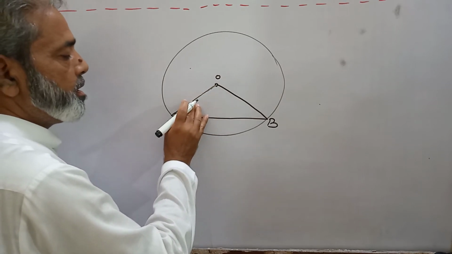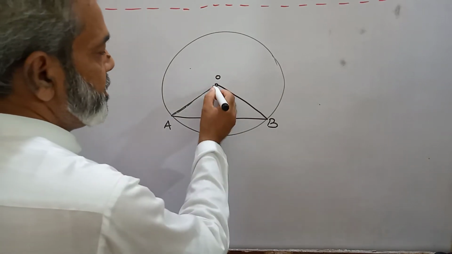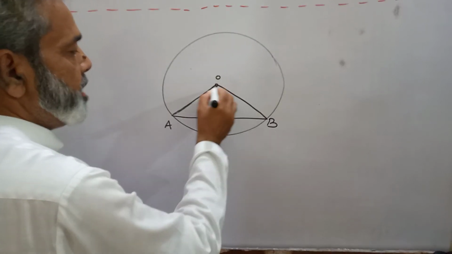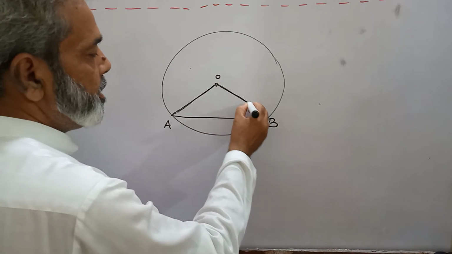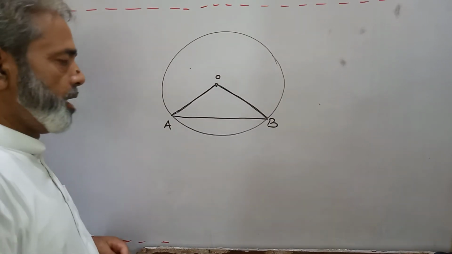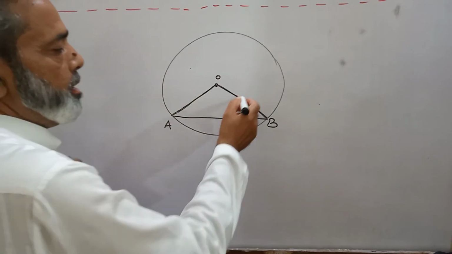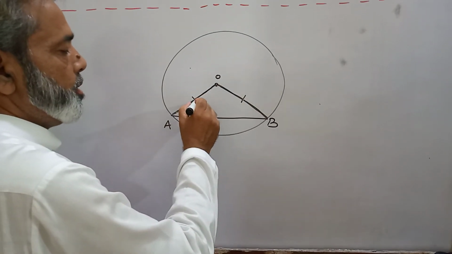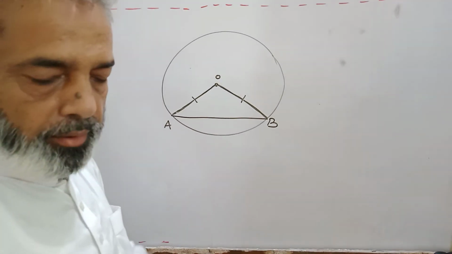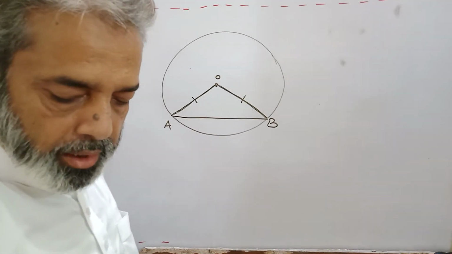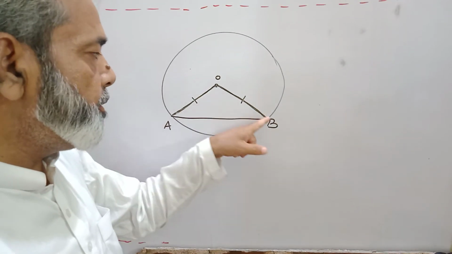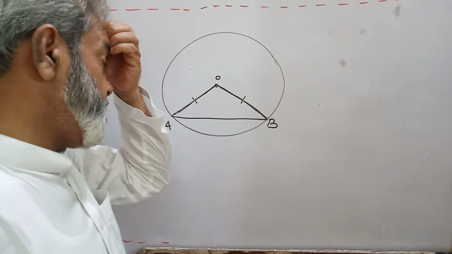This is a radius of the circle, this also is a radius. OA is the radius as well as OB is the radius of the circle. So we can say that this triangle is an isosceles triangle because OA equals OB.